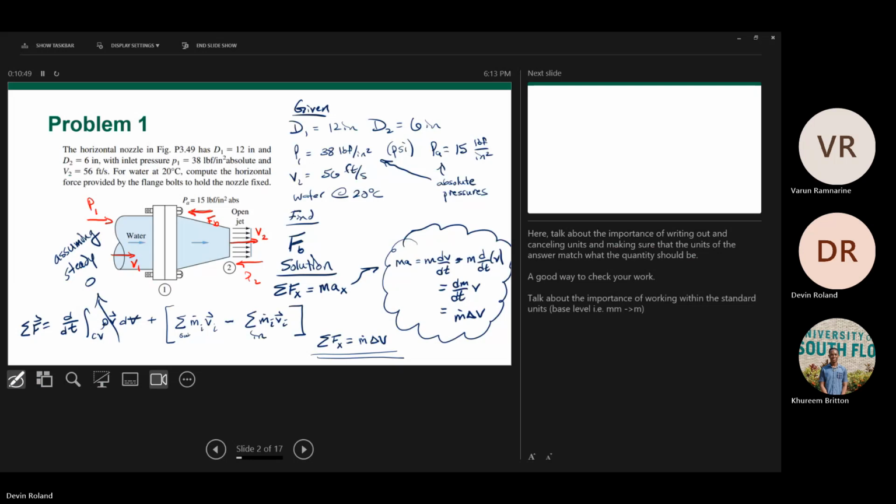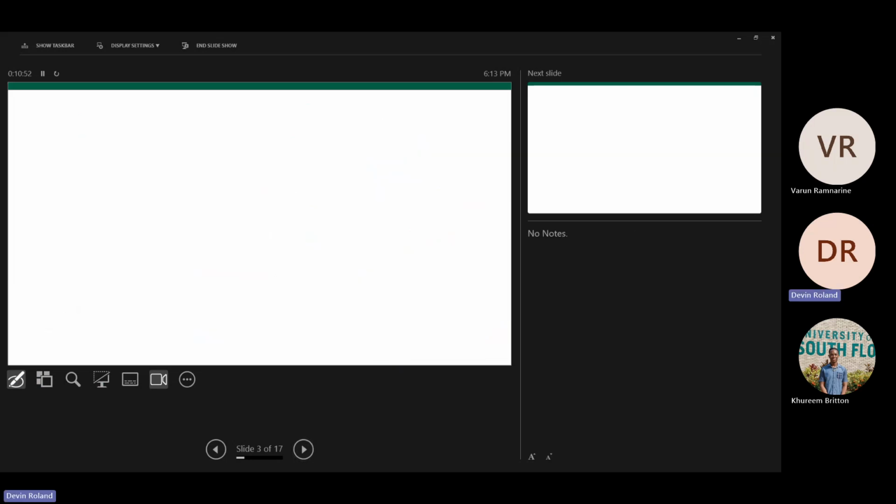So when we write our summation of forces in the x direction, it equals m dot delta v.